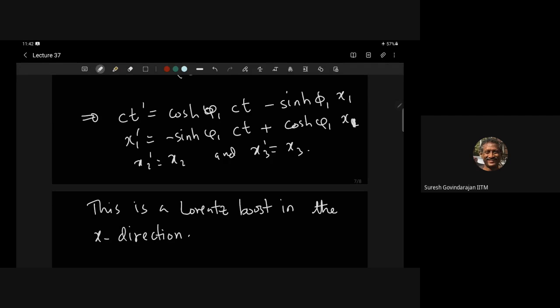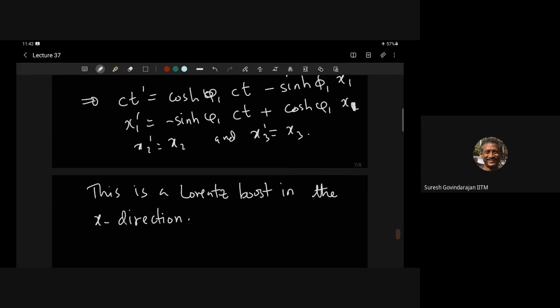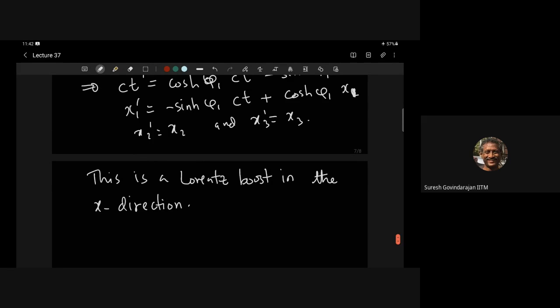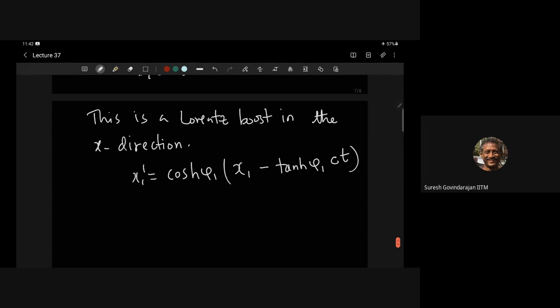In particular, if we try to look at x1 prime, I can write it in a particular way: cosh phi into x minus something.